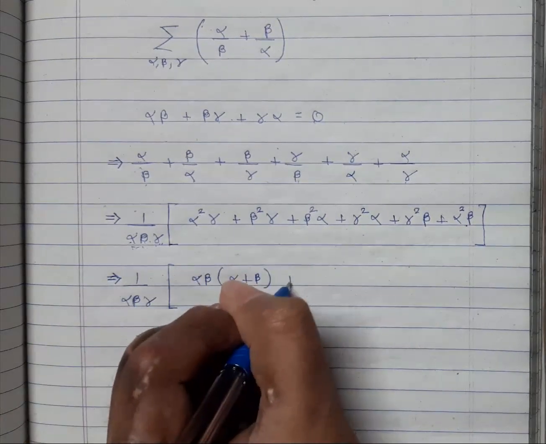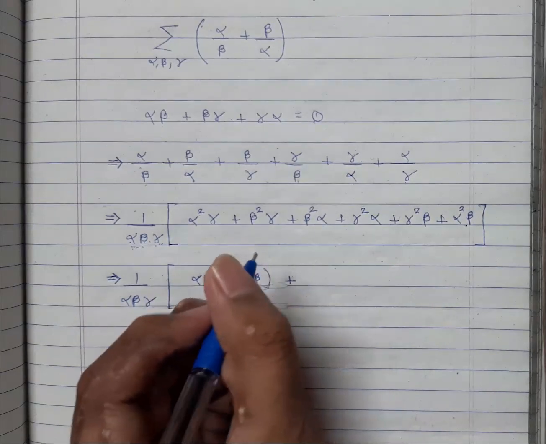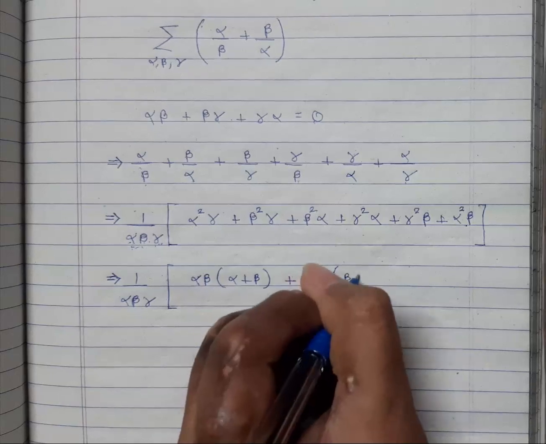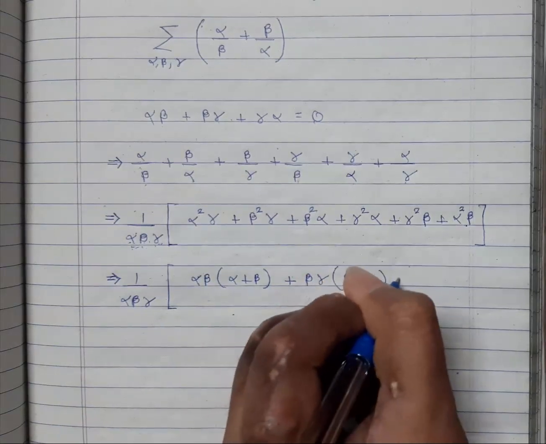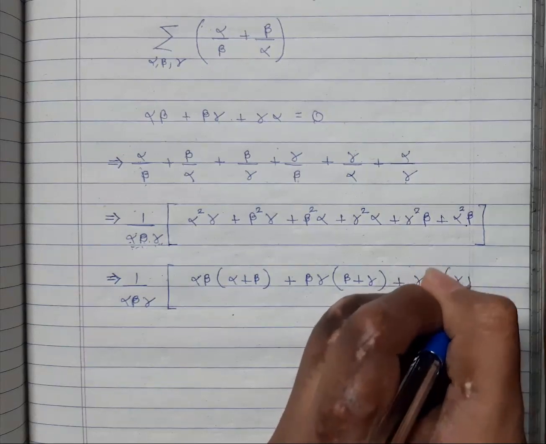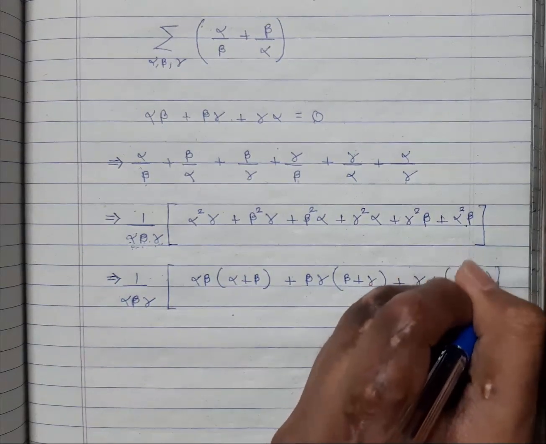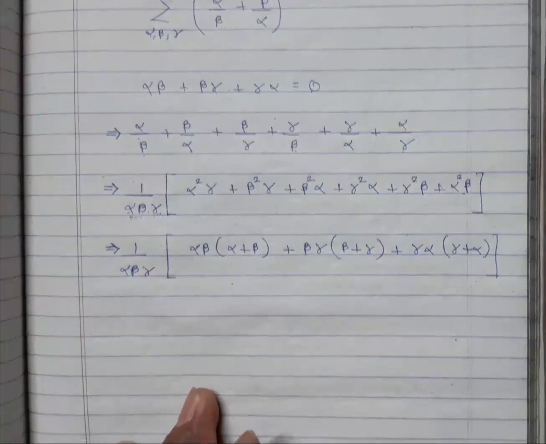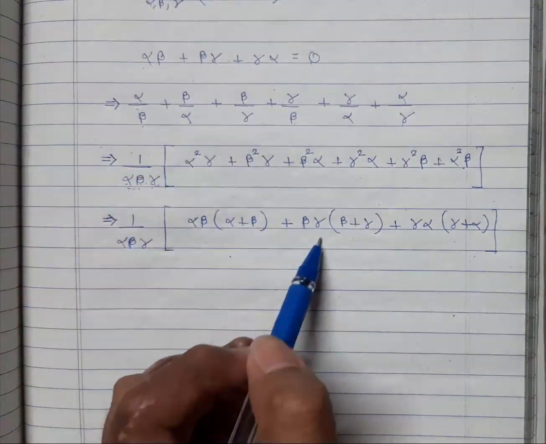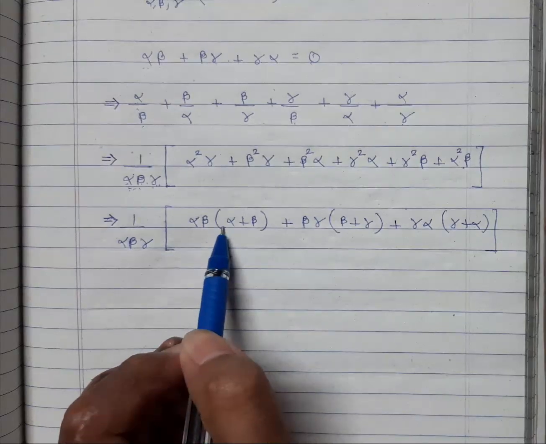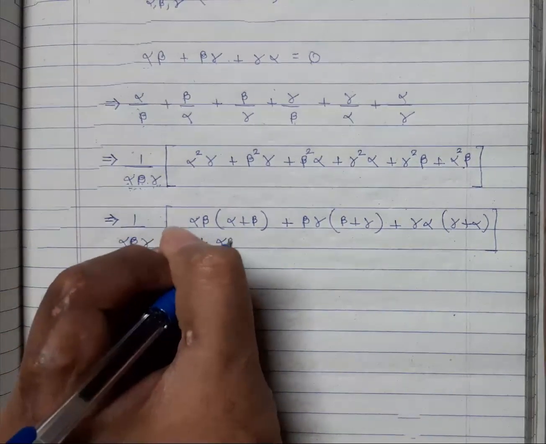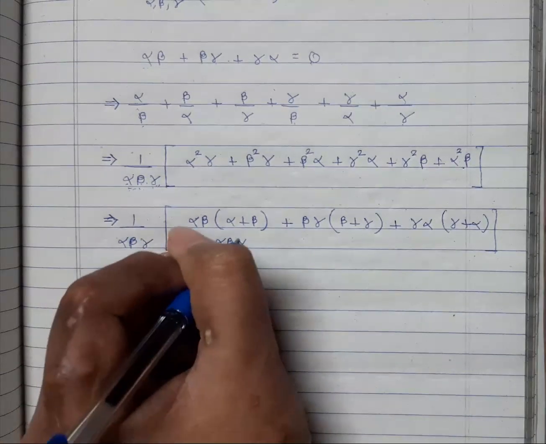Now similarly, if we take out the terms common, we get beta gamma into beta plus gamma and gamma alpha into gamma plus alpha. Now we have to take this term common out of this, so we will add alpha beta gamma to all of these terms.